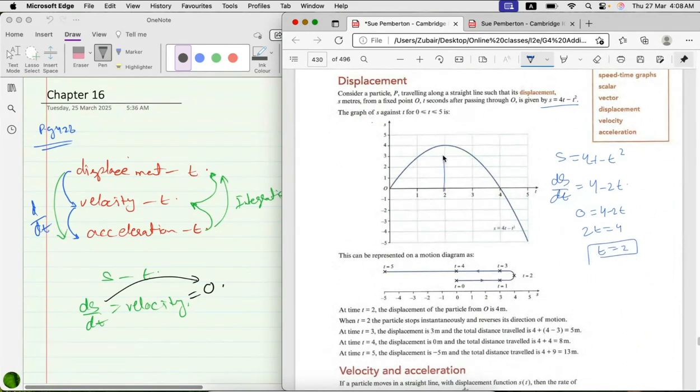Gradient at the turning point is 0. So you already have it either from the graph or by the equation. This is an example, which is why both are given; otherwise only the equation will be there.